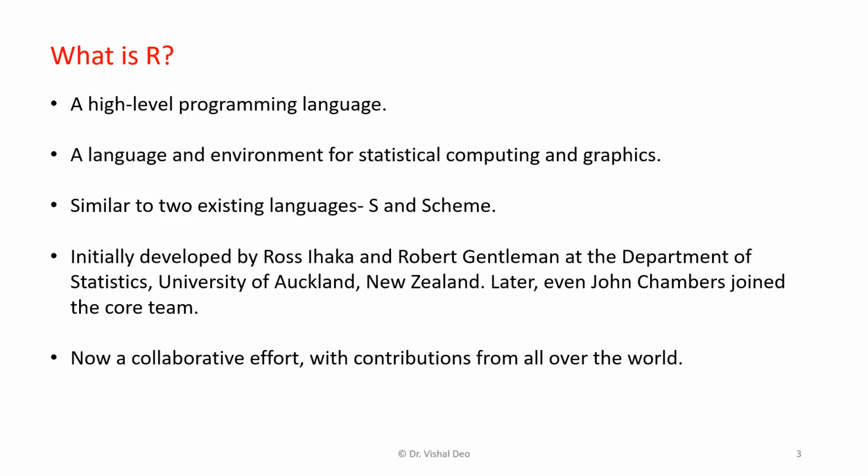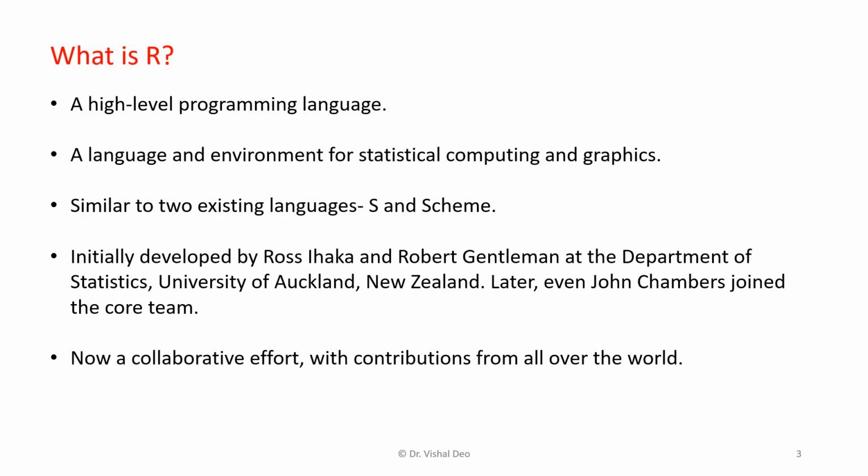Now it has become a very collaborative effort of leading statisticians across the world, and various packages are incorporated in R on a day-to-day basis through research work by statisticians across the world.